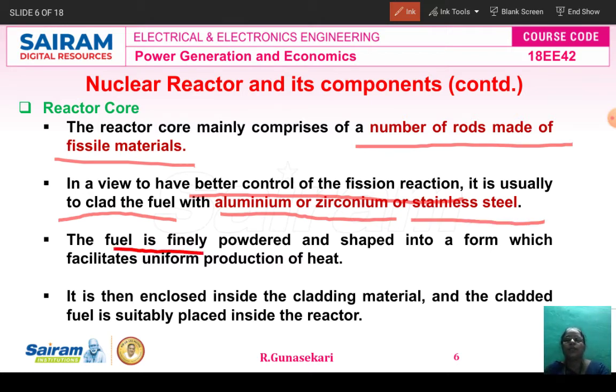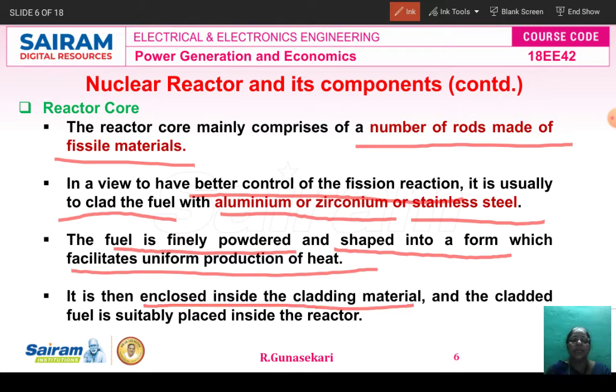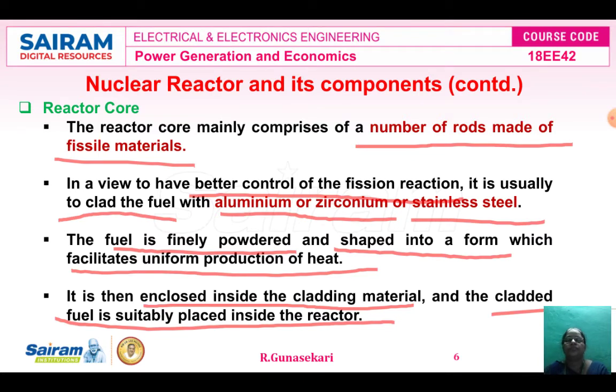The fuel is finely powdered and shaped into a form which facilitates uniform production of heat. The fuel is enclosed inside the cladding material, and the cladded fuel is suitably placed inside the nuclear reactor.